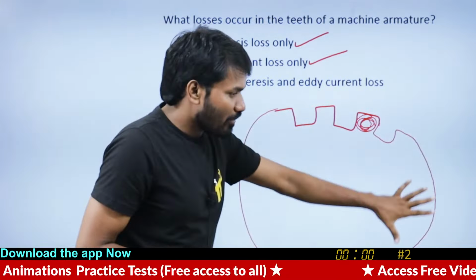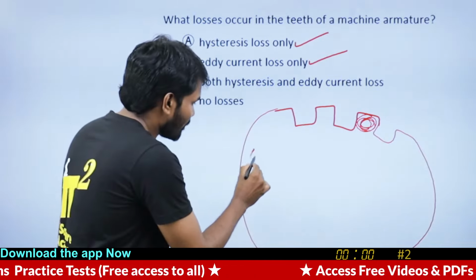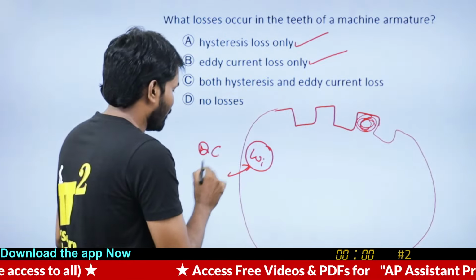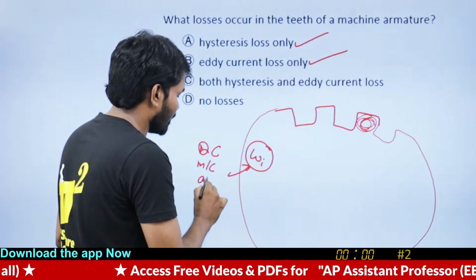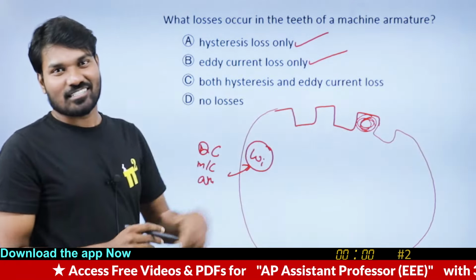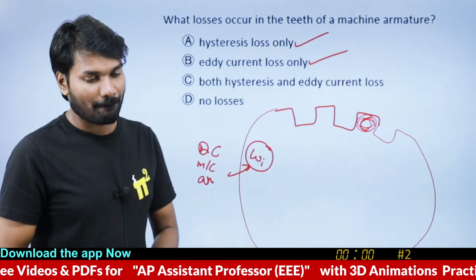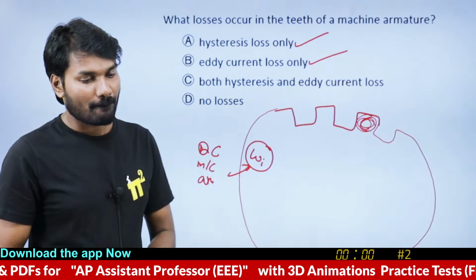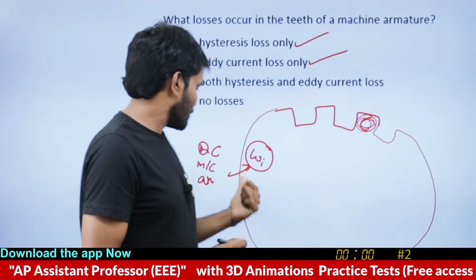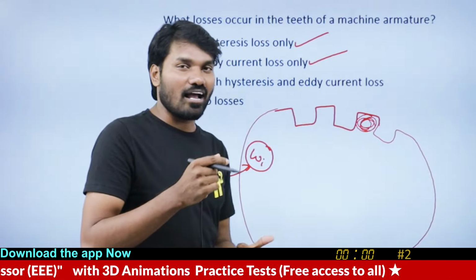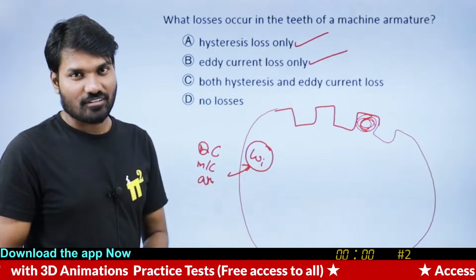So the complete armature will have iron losses. Even though it is a DC machine armature, it will have iron losses. Why, tell me? Why does a DC machine armature have iron losses?